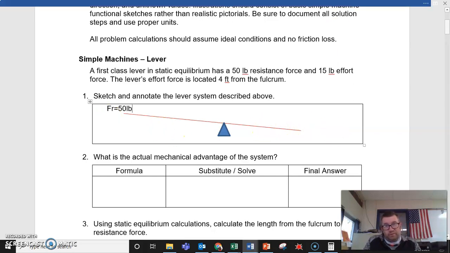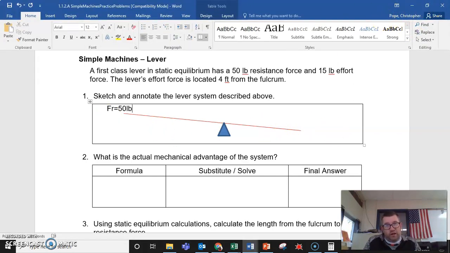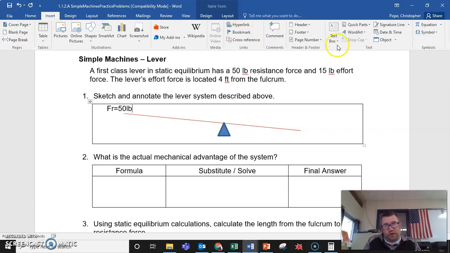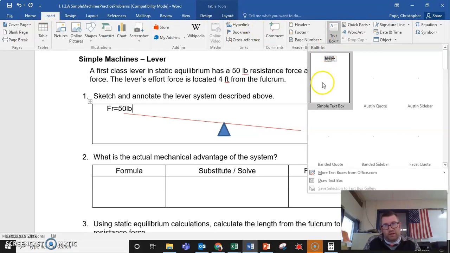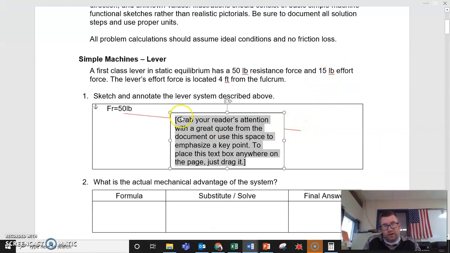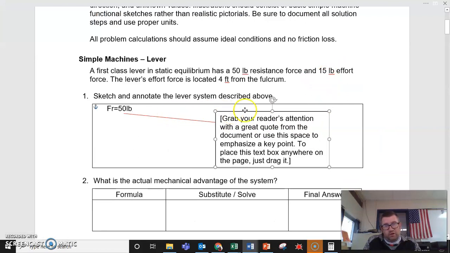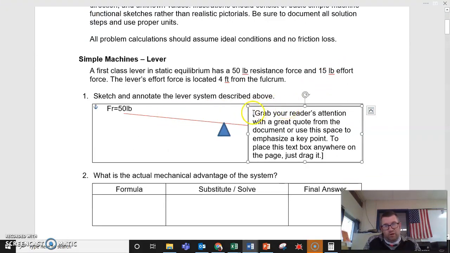Then we're given FE, so I can insert a text box.